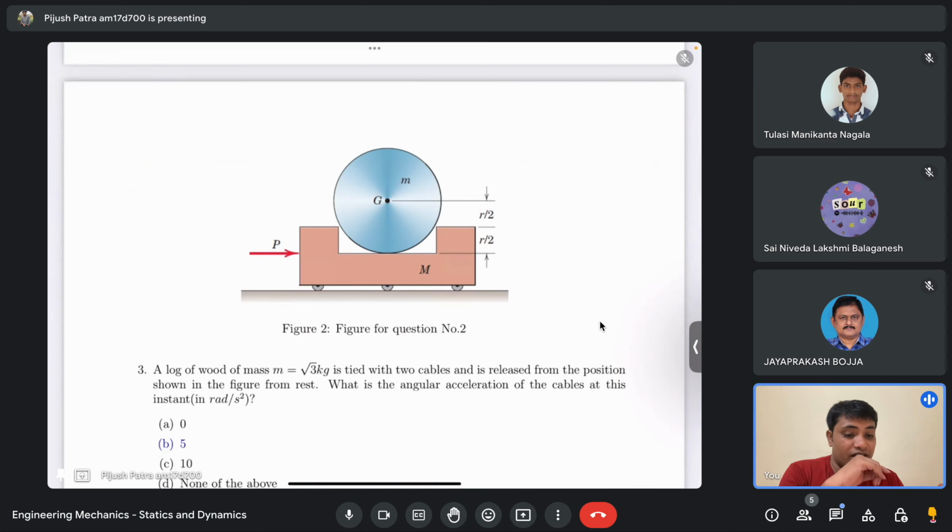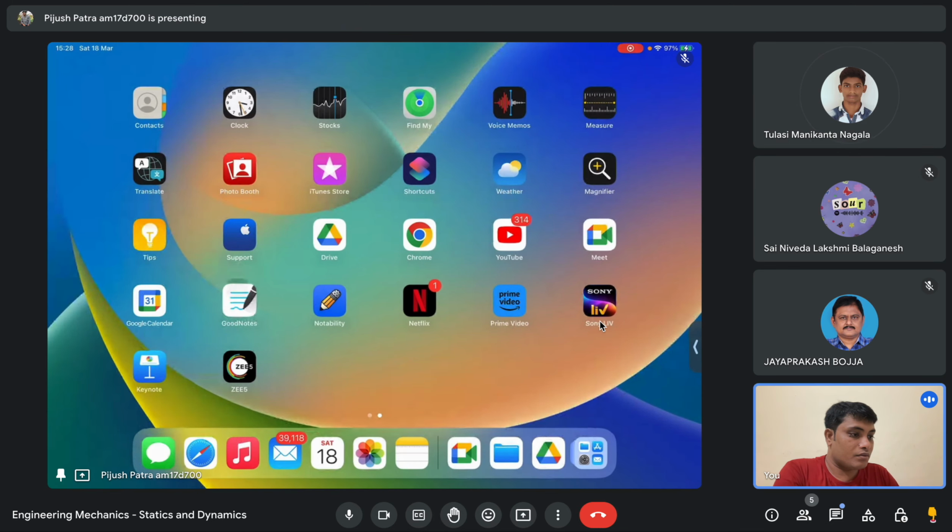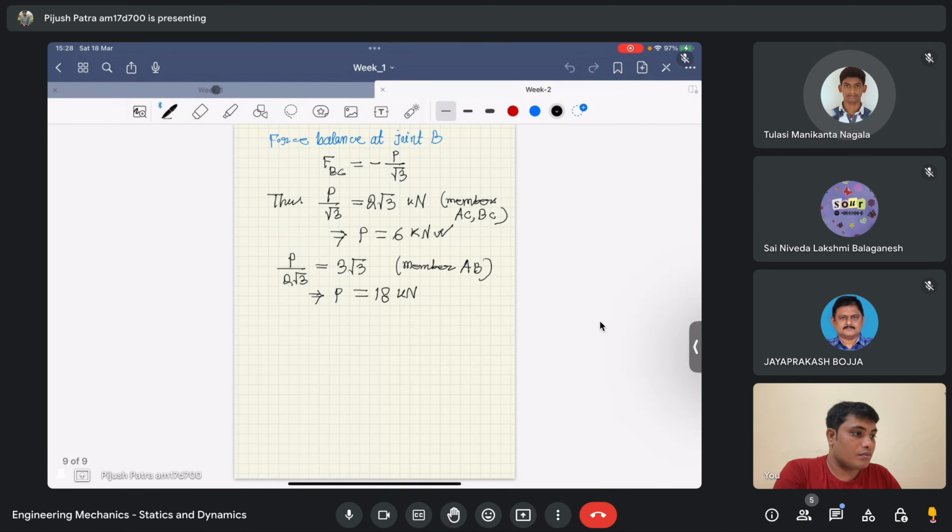In the very first class, I solved a problem where, if you have an obstacle somewhere and you are pushing the cylinder, what will be the minimum force so that it will be able to overcome that obstacle and start rolling about that point? Let me see if I can show that. One minute.